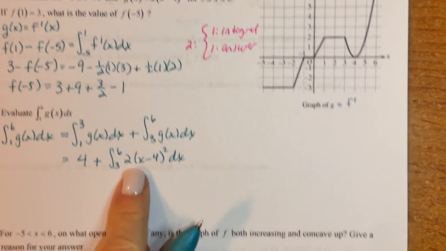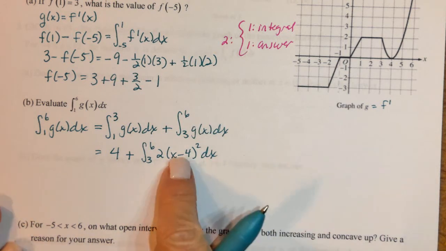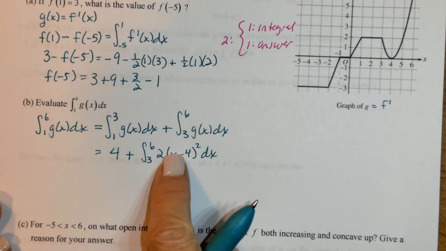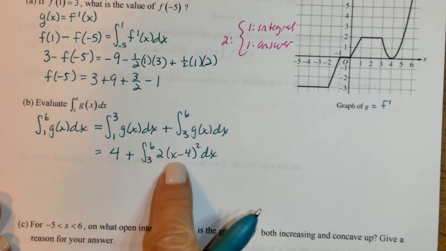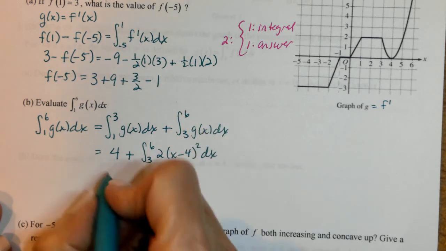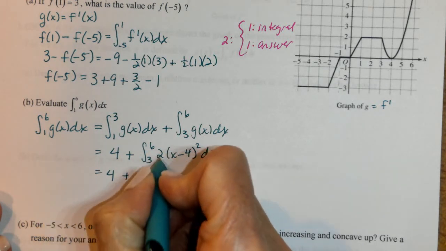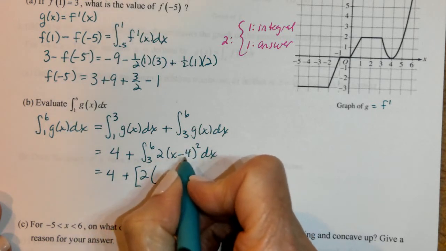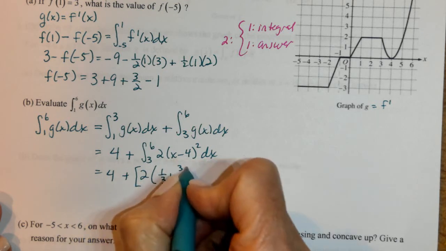And so this one I'm going to need to evaluate by hand because we don't have a calculator. I'm going to do a little u substitution here, but I'm going to do it in my head because when u is x minus 4, du is just dx. So I'm treating this like a u. So this will be the 2 that's out front times the antiderivative of u squared, which is u cubed times 1/3.